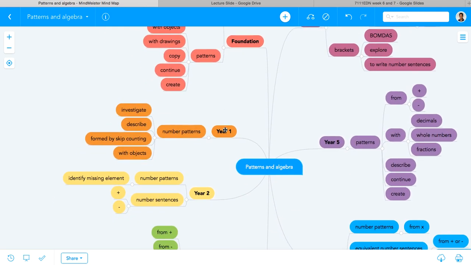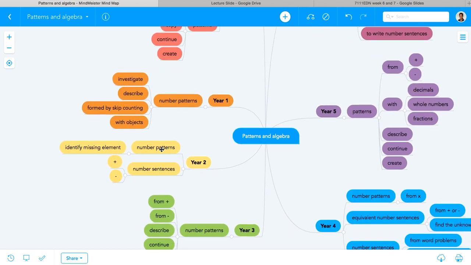When we come into Year 1, we're moving away from objects and drawings into number patterns. So we want students to investigate, describe, and that skip counting concept is introduced, and also patterns with numbers. So in Year 2, here we go with number patterns identifying that missing element.